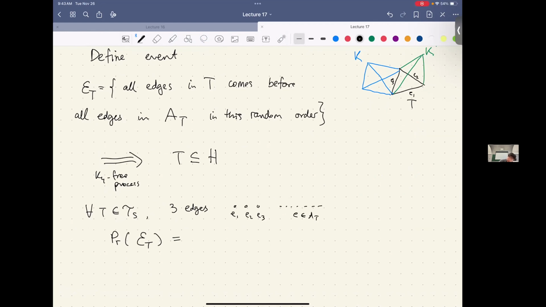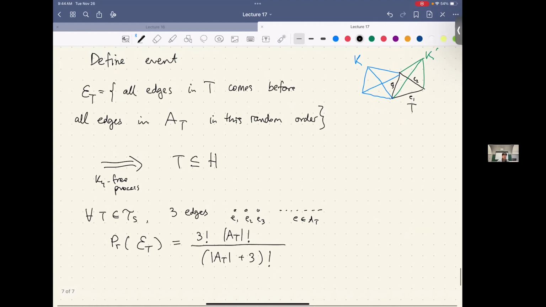The ordering of the other edges doesn't matter. So the total number of orderings is (size of AT plus three edges in T) factorial. And the good orderings we want, so that T comes first: you can order the edges in T randomly, 3 factorial. After you order that, you order the remaining AT, which is AT factorial. These are the good orderings where T comes first, right?